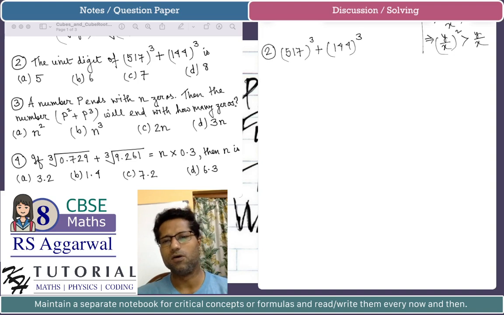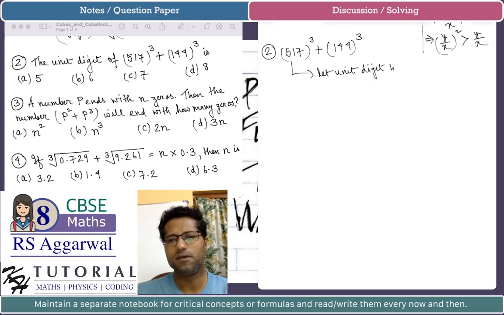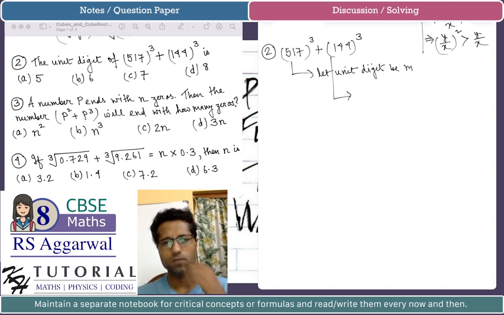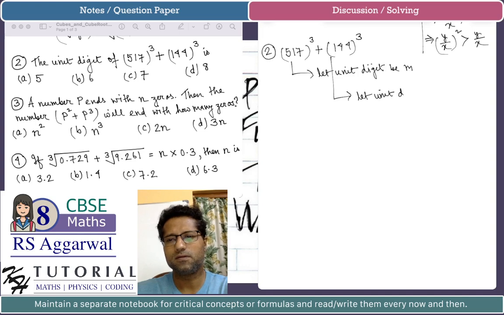Now, if we know somehow the unit digit of the cube of 517, let's say, let the unit digit of the cube of 517 be m, and for the cube of 144, let the unit digit be n.